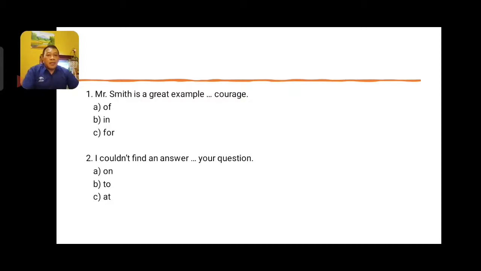Now, let's do some exercises. Look at sentence 1. Mr. Smith is a great example, blah blah blah, courage. What would be the correct preposition? Number 2. I couldn't find an answer, blah blah blah, your question. Which preposition are you going to use?